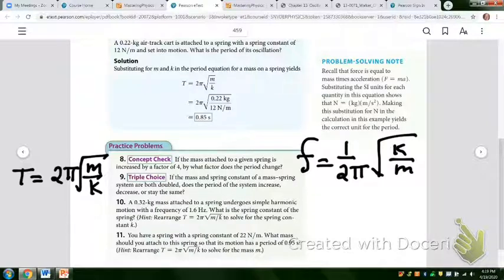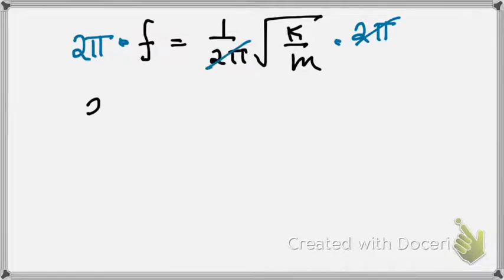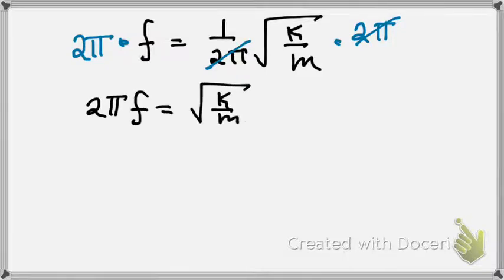All right, so here's our formula on another sheet. Let's multiply both sides by 2 pi so that we can get rid of the fraction. So that cancels with that, and now I'm left with 2 times pi times frequency equals the square root of k over m.